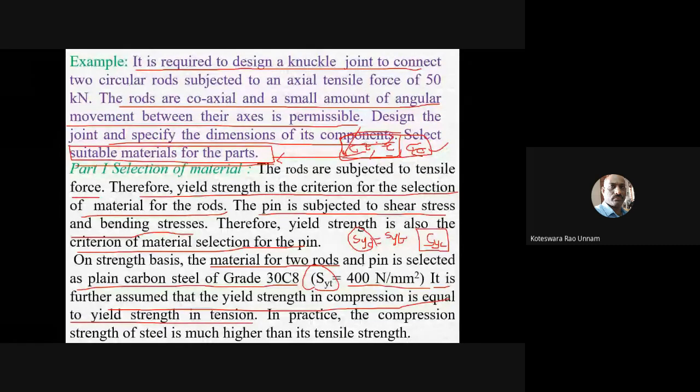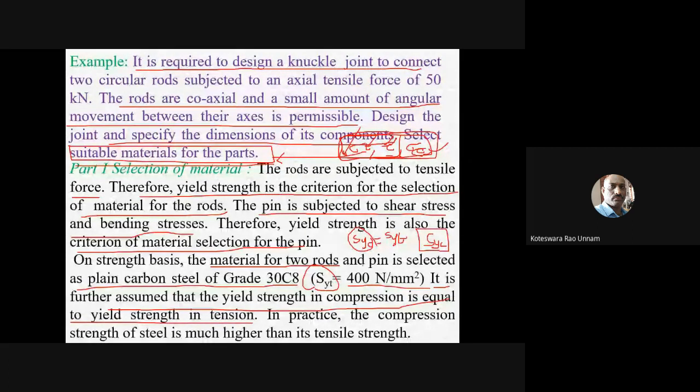Okay, that's it. That is this part: select suitable material for the parts. That means you need to identify the allowable stresses in tension, in shear and in compression or crushing. Once you have decided that, the remaining procedure is the same. In this problem he assumed the yield strength in compression is the same as the yield strength in tension, so SYC is the same as SYT.